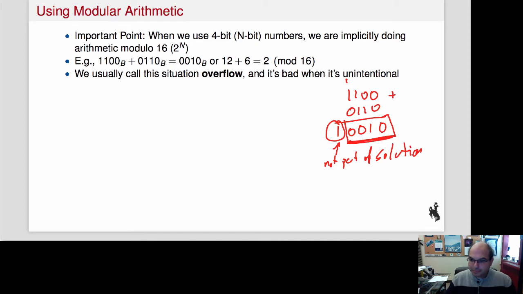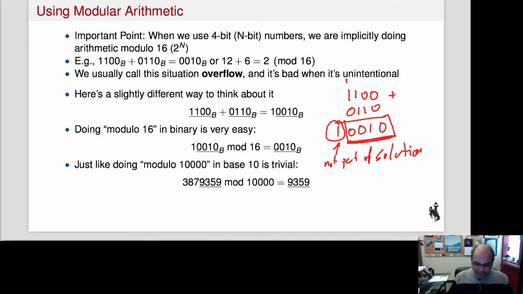Because it's kind of like doing arithmetic modulo 100. You just have to look at the last 2 digits in base 10, okay? So yeah, that's what we have. Taking modulo 16 in binary is really easy, and taking modulo 10,000 in decimal is very easy, for the exact same reason.